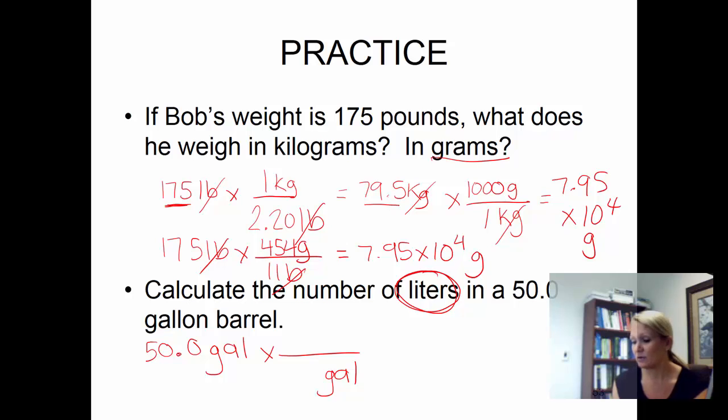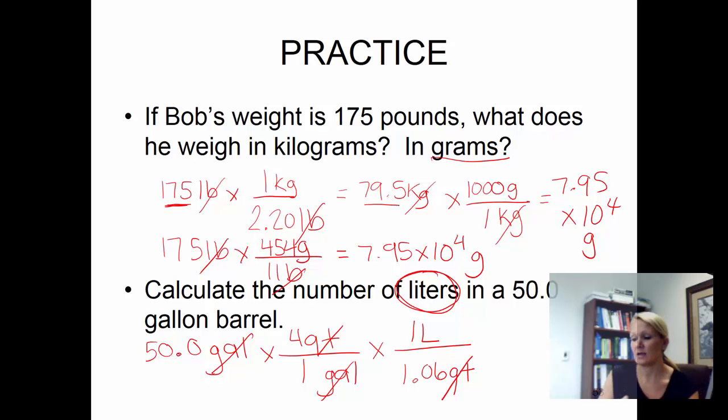The one that I did first, because I knew the conversion factors, I didn't have to look, is I did 1 gallon. I know there's 4 quarts in a gallon, that's just something that I knew. So then I cancel gallons. And then if you look at your sheets, you have 1.06 quarts in 1 liter. And so quarts cancel. So you plug in those 2 conversion factors.